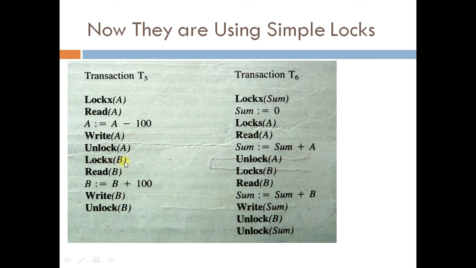Then again it demands an exclusive lock on B, it is granted, it changes, it writes, and then the lock is released. Similarly, in this case, since sum is to be modified, it will get an exclusive lock, but A only has to be read. That is why a shared lock. Then A is added in sum, A is released, then B is locked in shared mode, then the value of B is read, then it is added again in sum, unlock B, unlock sum.